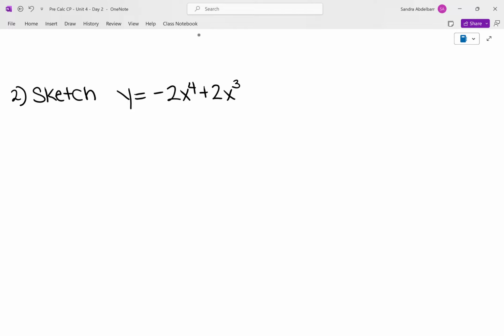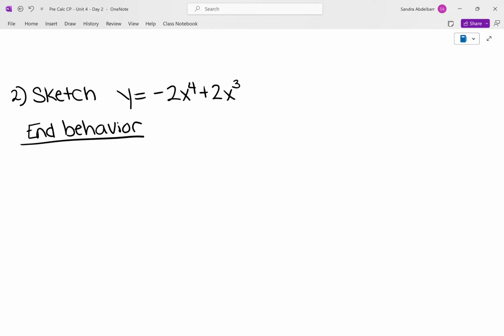All right, so let's do this. First thing I'm going to do is talk about our end behavior. What helps us decide the end behavior? The highest degree and the leading coefficient.